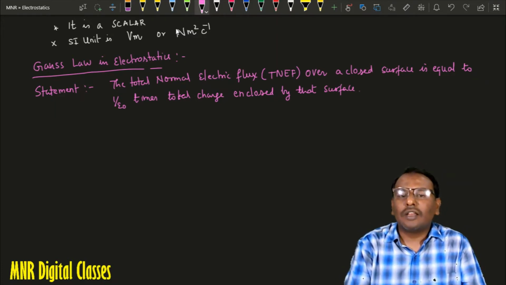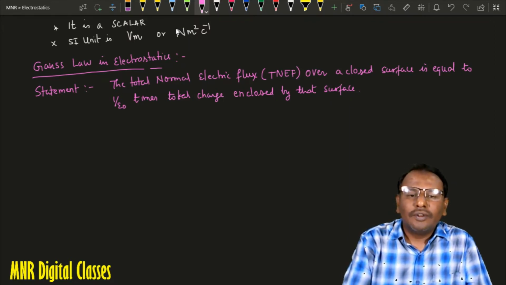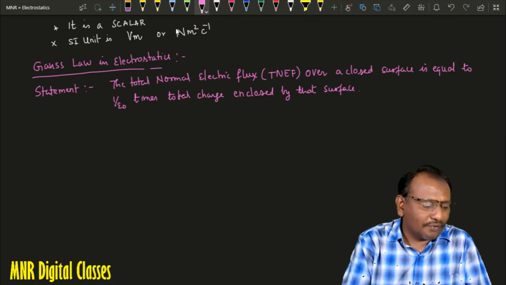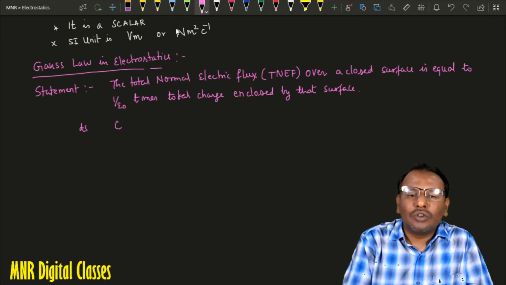The total normal electric flux over a closed surface is equal to 1 over epsilon naught times the total charge enclosed by that surface. Suppose you consider a surface having the surface area ds, and the total charge enclosed by that surface is equal to q.